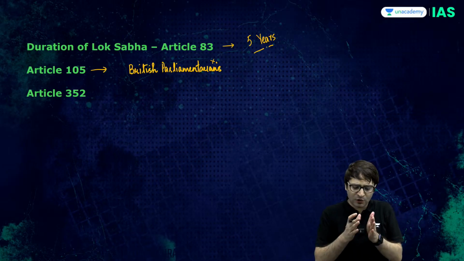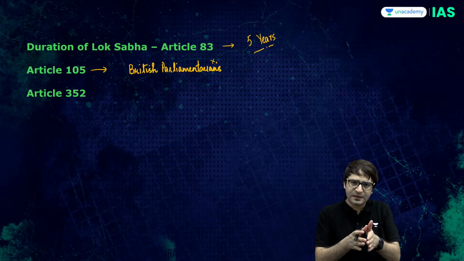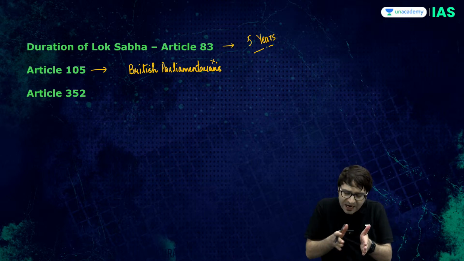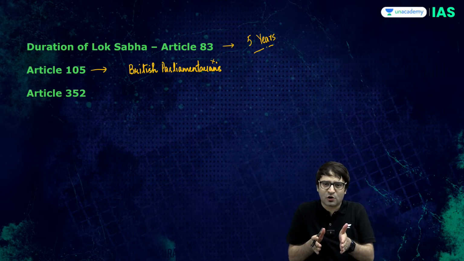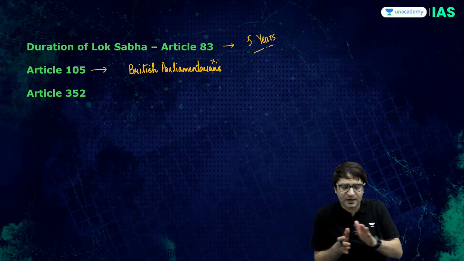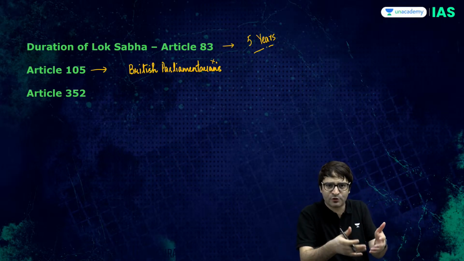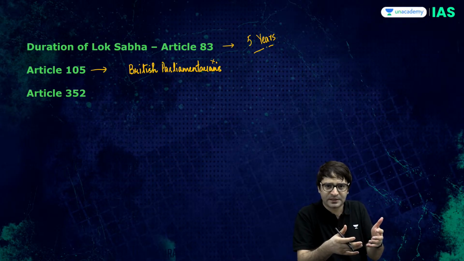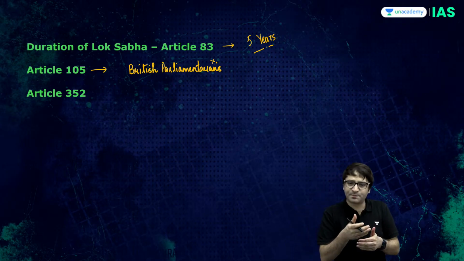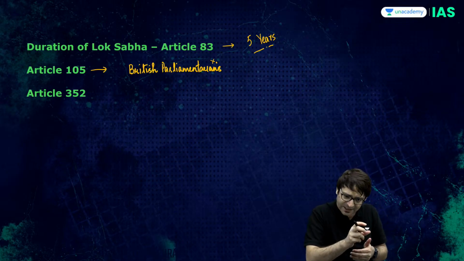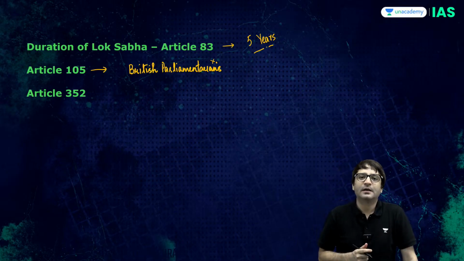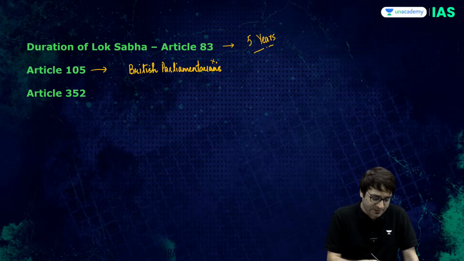The 44th Amendment said all those powers, privileges, immunities which were applicable prior to the commencement of this constitutional amendment will continue. Prior to this amendment, what were the powers, privileges, immunities of Parliament and parliamentarians? British privileges. Those privileges will continue. It's just that the reference to the British Parliament got removed. That was done by the 44th Amendment.